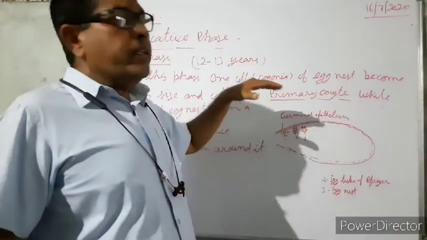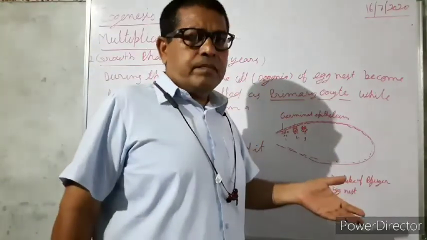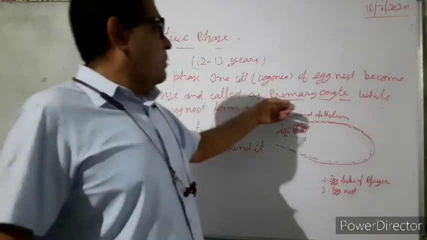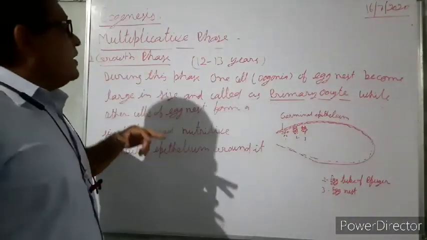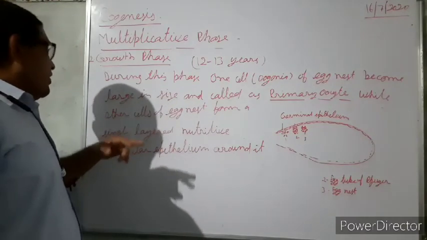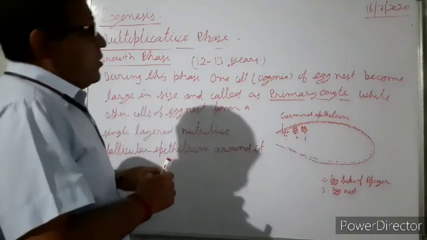Actually, this primary oocyte is the future egg cell, while other cells of the egg nest form a single-layered nutritive follicular epithelium around it.